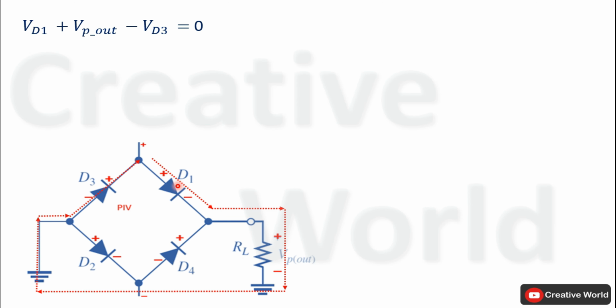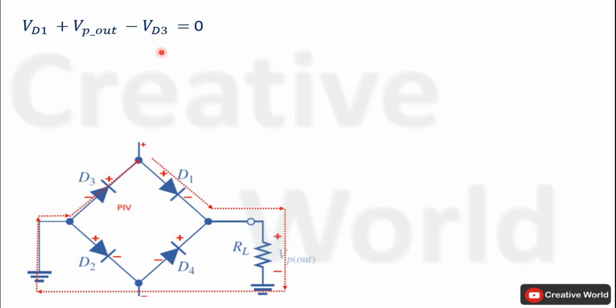Sometimes this voltage is known as forward voltage. Next, voltage across this load resistor will be taken with positive sign because current is entering from positive terminal, plus V peak out voltage. Next, current entering terminal is negative, so voltage across this diode D3 will be taken with negative sign, VD3. And all of these will be equal to 0.